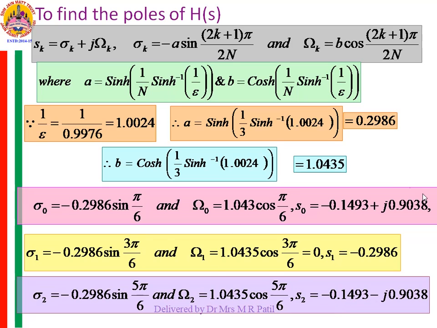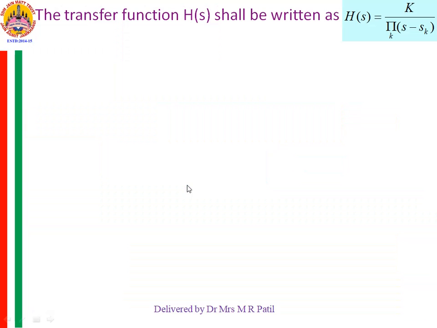So once you obtain the pole locations, now n is equal to 3, all these are in the left half plane. So we have completed the 3 pole locations for the left half of the S plane. Now let us write H of S. Now n is odd here in this case, where H of S is equal to K by product of S minus Sk.